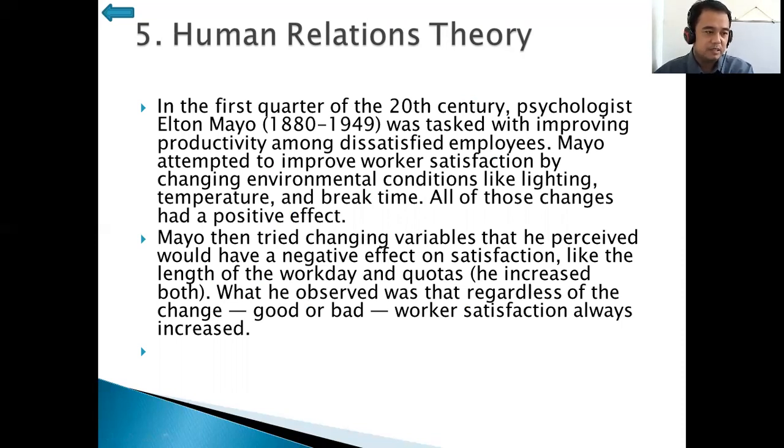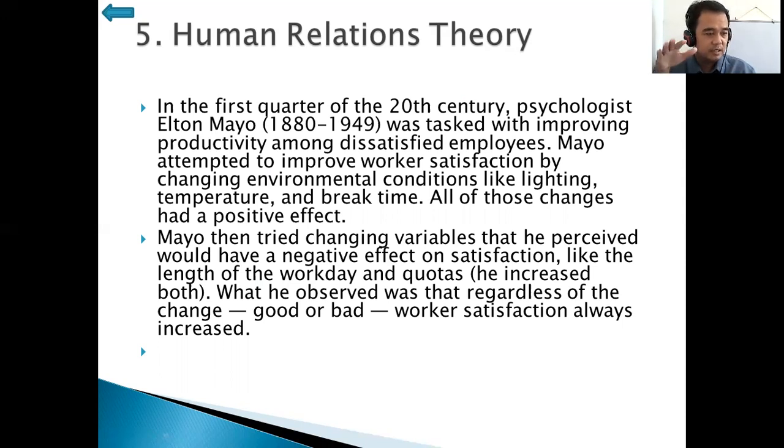So Elton Mayo tried changing variables that he perceived would have a negative effect on satisfaction, like length of work day. In our country, you know that more than 8 hours should be paid overtime pay.